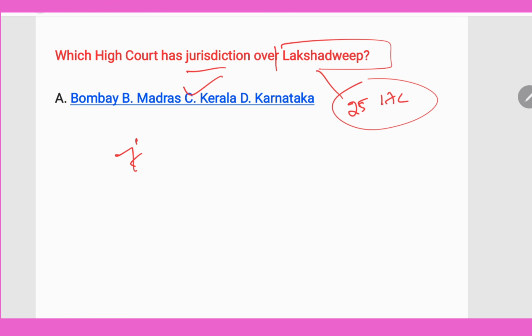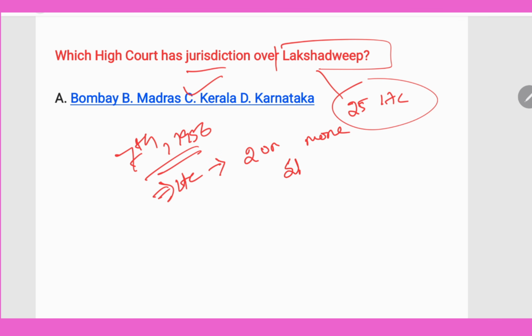Remember, the 7th Amendment 1956 says there shall be a High Court for 2 or more states or UTs. So there are 2 states or union territories that have one High Court. Okay. Remember, the Assam High Court has the maximum area.